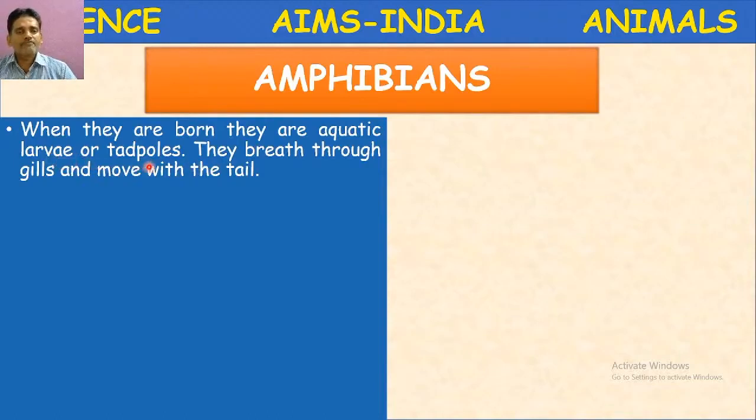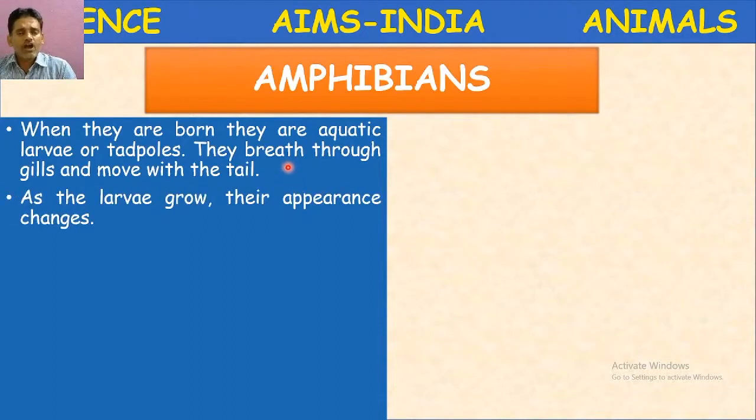The larva of amphibian, for example frog, is called tadpole. This tadpole breathes through gills and moves with the help of tail. So there are a lot of changes we observe in the larva and adult.